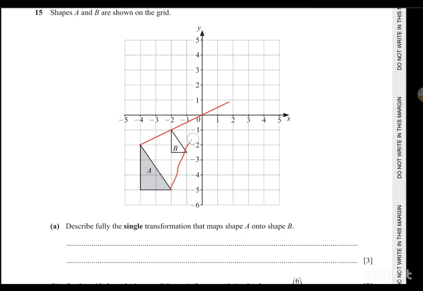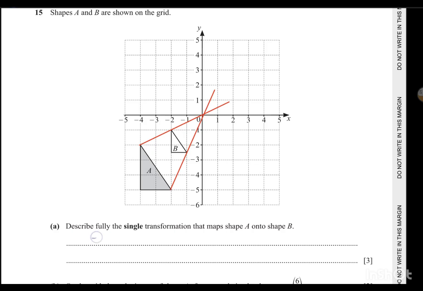You see its center of enlargement is the origin, and for the scale factor, when you check the sides, this is 3 units, but it is 1.5 units. So half of 3 is 1.5. Scale factor is half or 0.5.